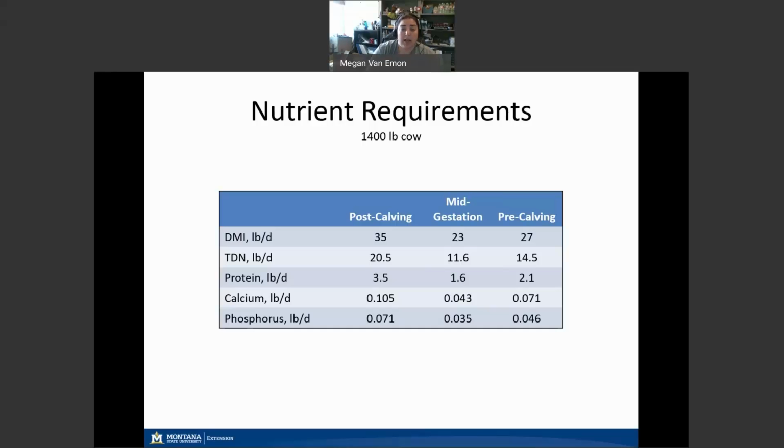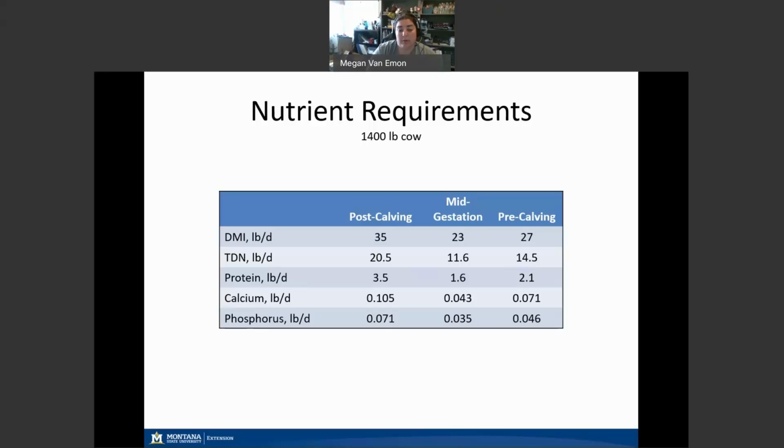And then as we look into mid-gestation, this is typically around our weaning time, and in the fall for our spring calvers, where requirements are at their lowest for her yearly interval. This is mainly because lactation has ceased, and the fetus is not extremely large and not putting a lot of demand on those cows.